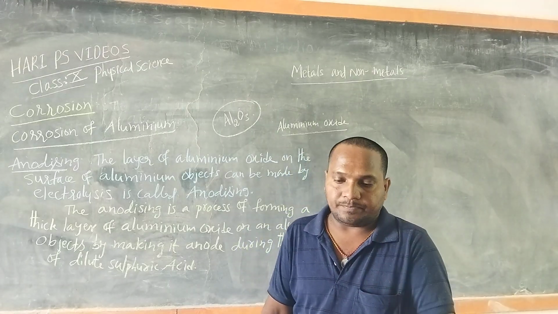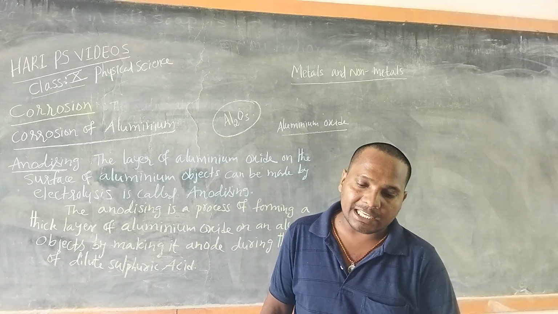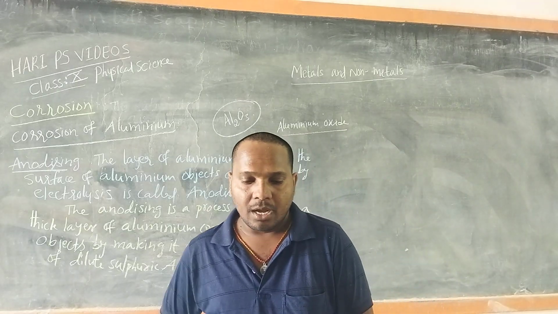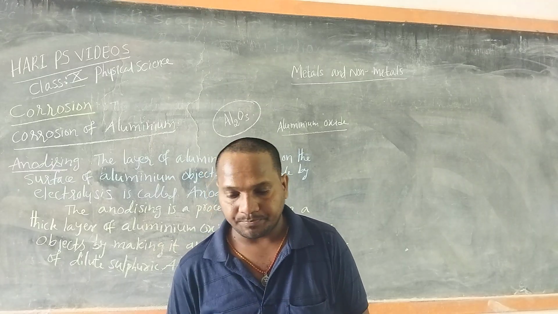Objects like pressure cookers, cooking utensils, saucepans and window frames are anodized to protect them from corrosion.